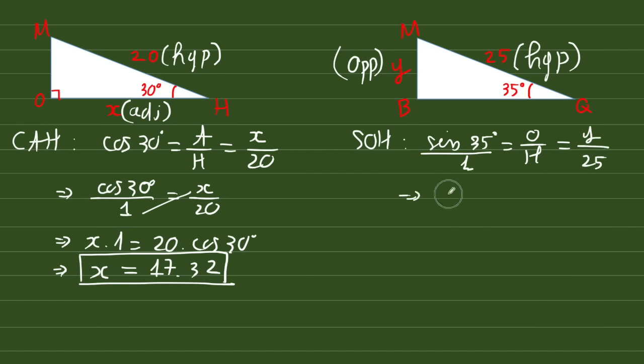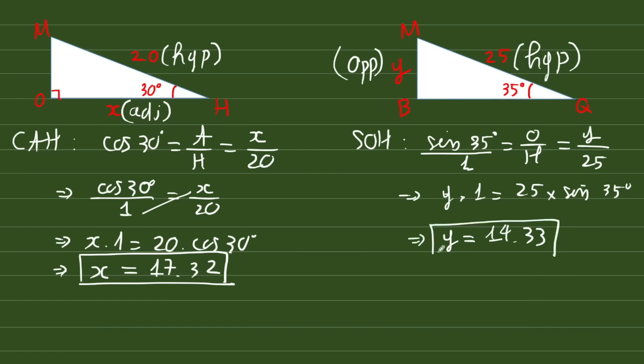Apply cross line, you get y times 1 equal to 25 times sine 35. So y is 25 times sine of 35, and you will have 14.33.